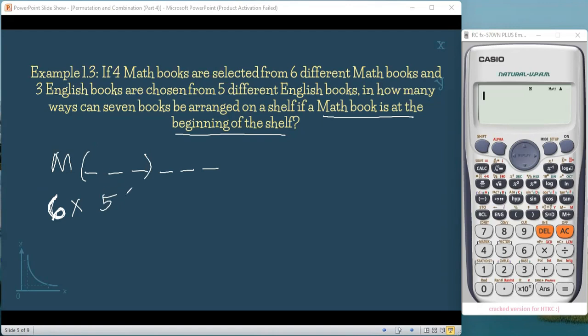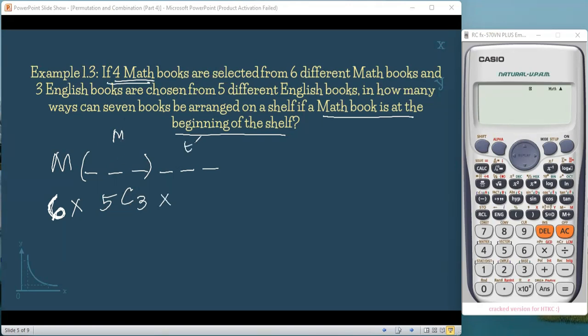And ang kailangan natin na math book na lang dito sa shelf para makompleto silang 4, that is 3. So we have the combination of 5 taken 3 at a time for math din po ito po, para maging 4 sila. So, kung ito math, math, math, so 4 na sila. So, still na-satisfy yung problem natin.